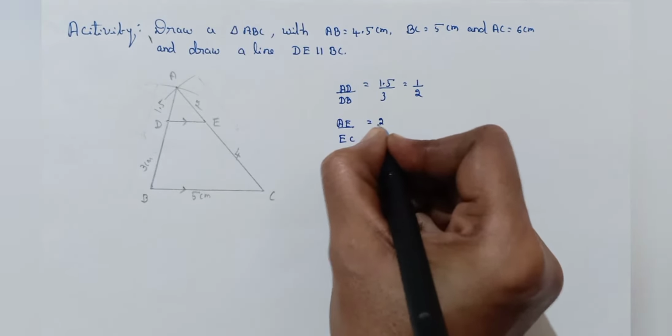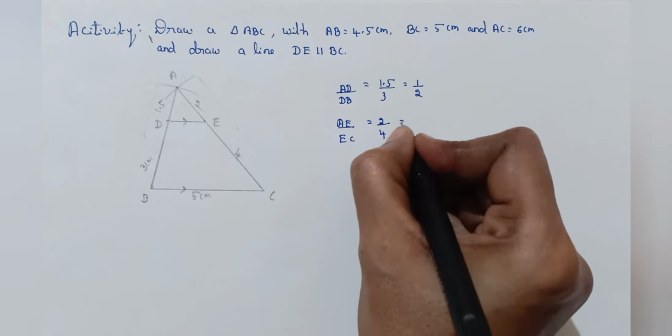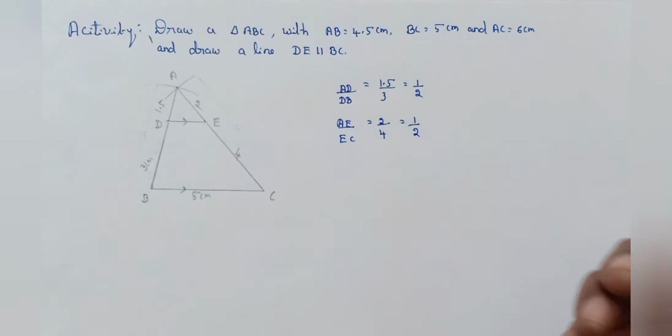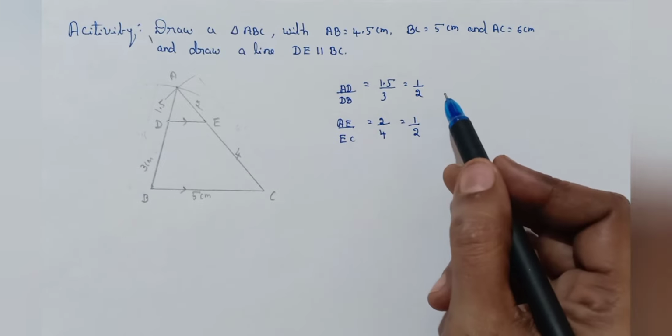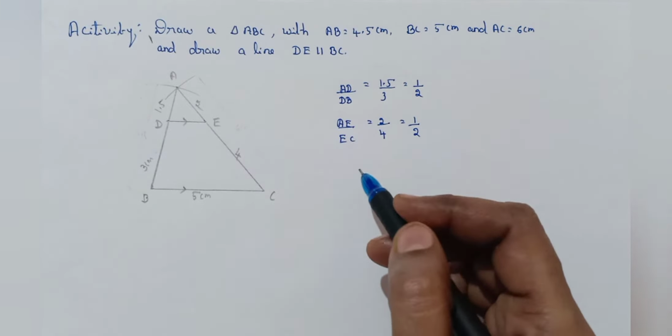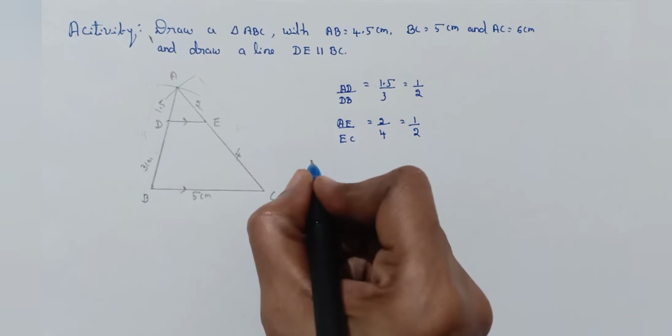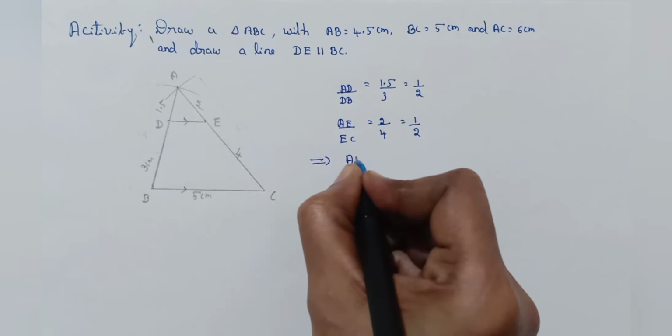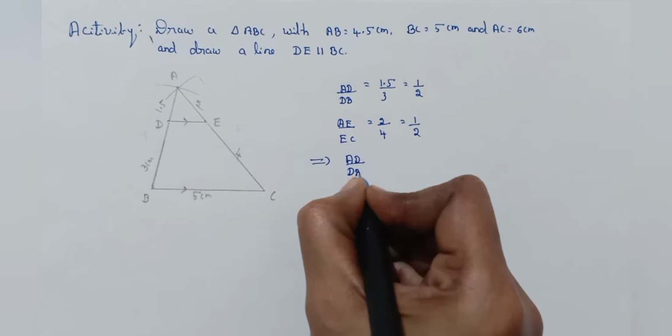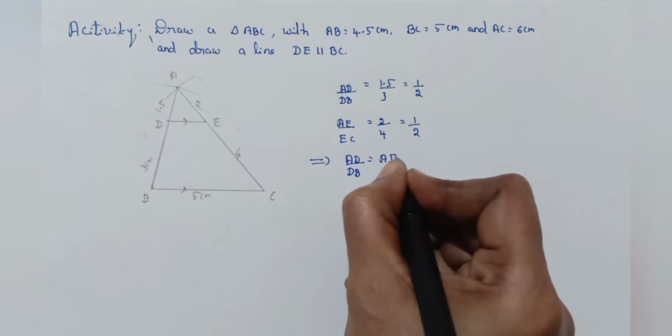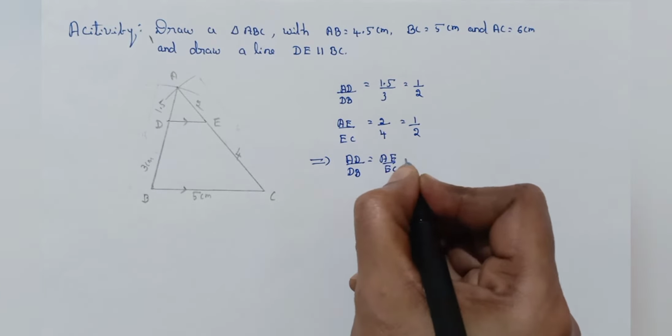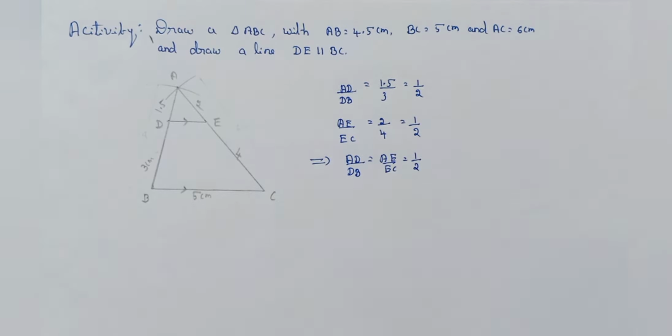AE is 2, EC is 4, 2 by 4 is 1 by 2. AD by DB is equal to 1 by 2 and AE by EC is also 1 by 2. So AD by DB is equal to AE by EC is equal to 1 by 2.